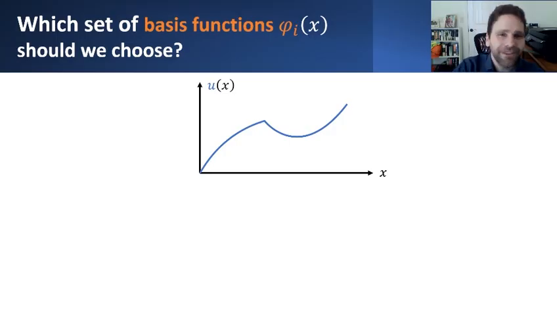So even if my function maybe looks very wavy and wiggly, or has other properties, I want a set of basis functions that does a reasonably good job of representing any possible function which might correspond to the exact solution.